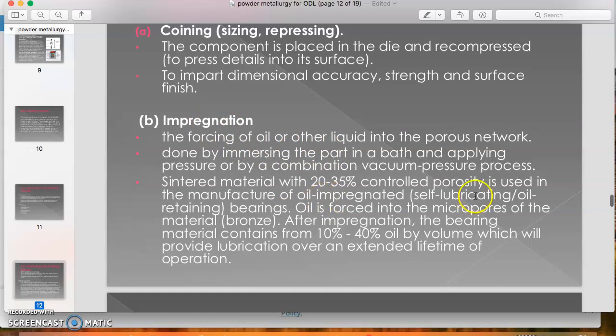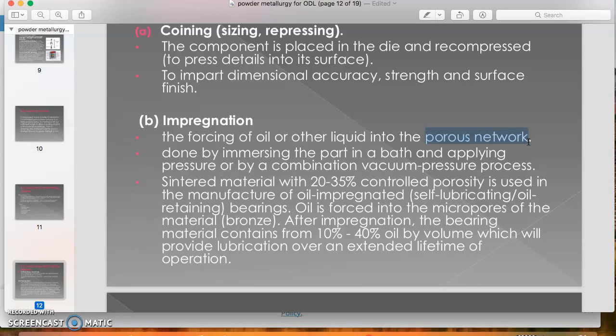The compacted part, or powder metallurgy part, has a porous network.